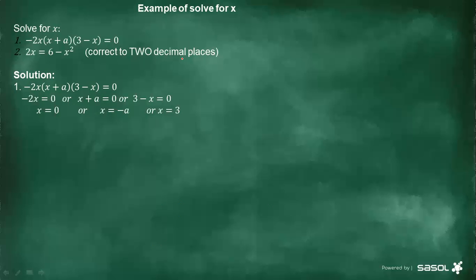But first you need to rewrite it and put it in standard form, because you get a mark for this. So just transpose this negative x squared to this side and this positive 6 to that side, everything on the one side, and that's a mark. Make sure that you first rewrite in standard form.